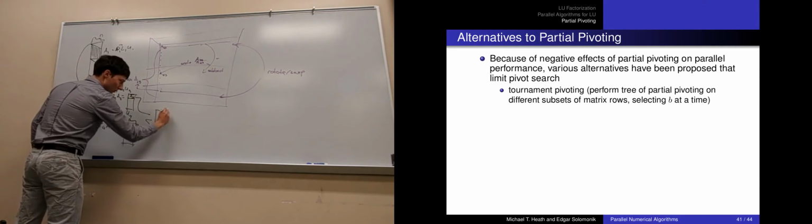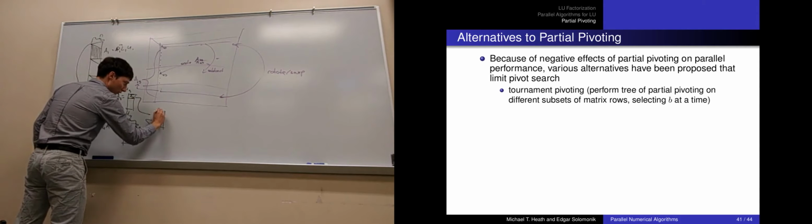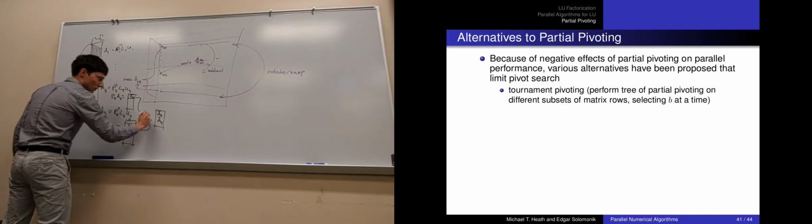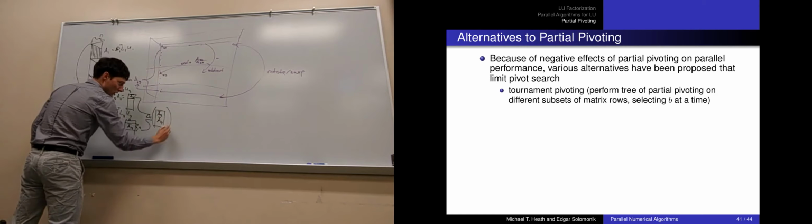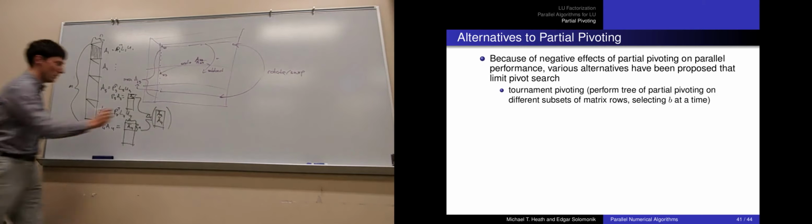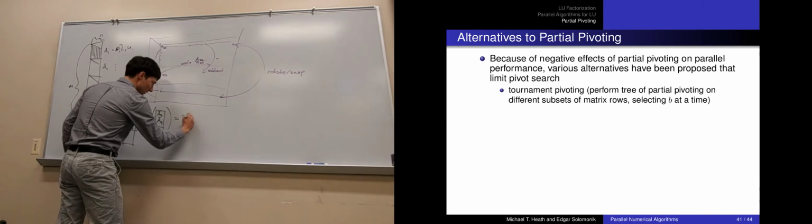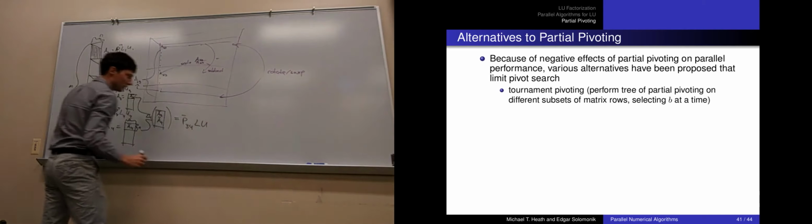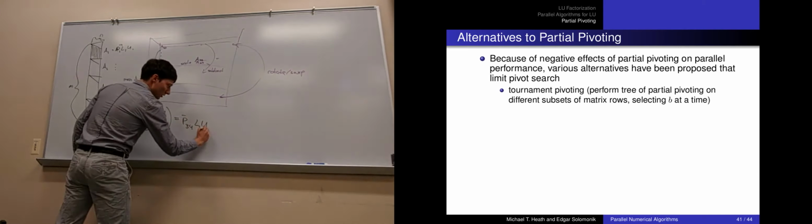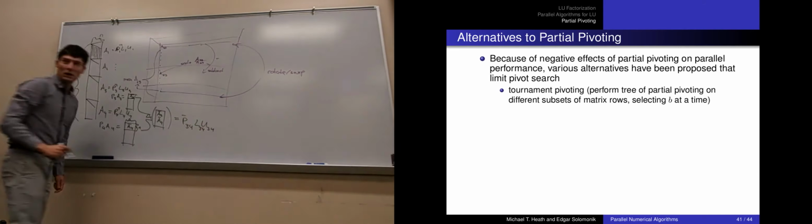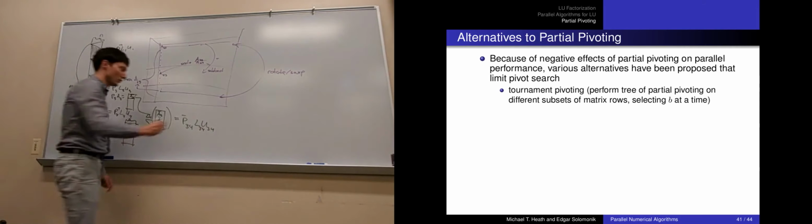So we then compute the LU factorization of a matrix that looks like this. And we do so with partial pivoting. So now we get some new matrix out of which we again extract the rows that we pivoted.